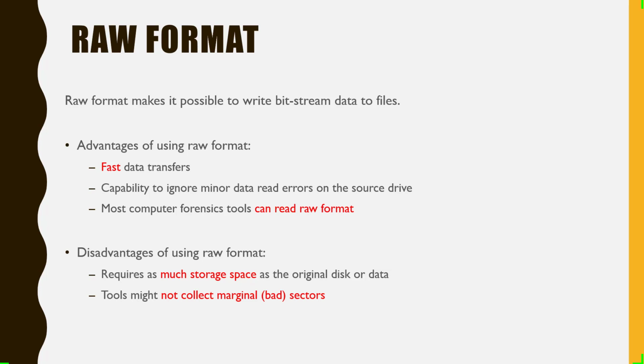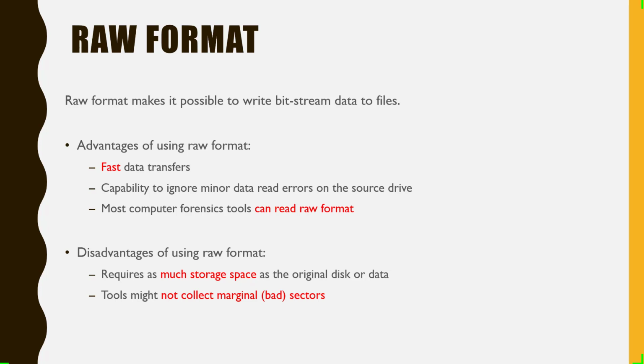This format has unique advantages and disadvantages to consider when selecting an acquisition format. The advantages of the raw format are fast data transfers and the capability to ignore minor data read errors on the source drive. In addition, most forensic tools can read the raw format, making it a universal acquisition format for most tools.